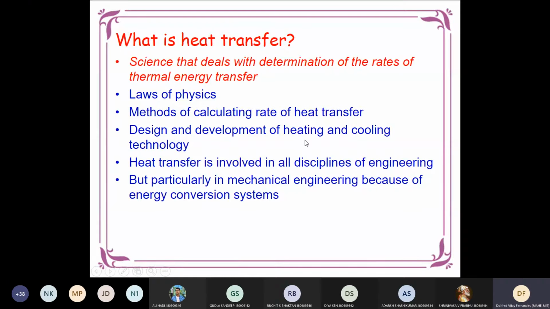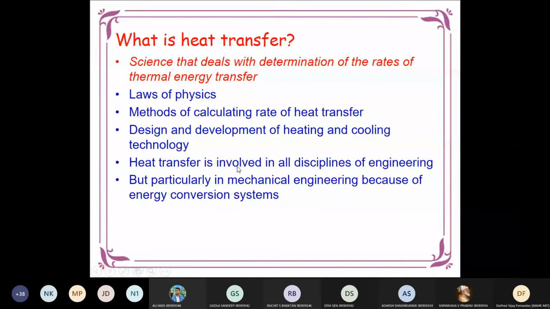That means we need cooling technology, for the batteries, for preservation of food, or for summer we need the air conditioner. Then again, on the other side, we need heat for cooking. We need heat energy for generating power, or sometimes in winter we need heat energy for space heating.